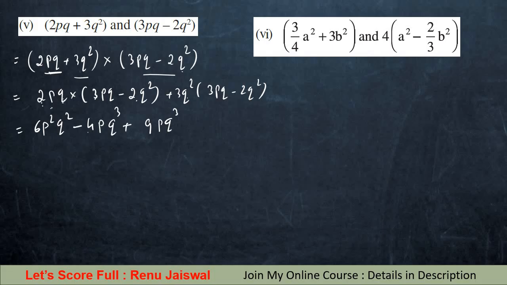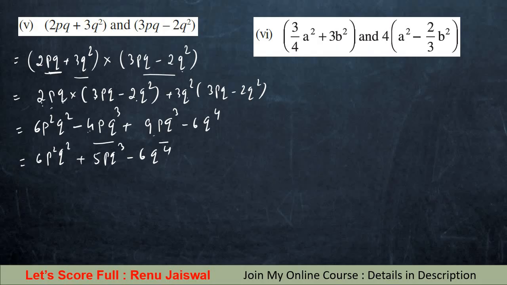Then next one, 3 2s are 6, q raised to 4, correct? Here 6p square q square, this is like terms, correct? So when it is like terms, what do we do? We simply add. So here of different signs, because of different signs we need to subtract. So 9 minus 4 is 5, sign of the bigger number, pq and 6q raised to 4. This is the answer.